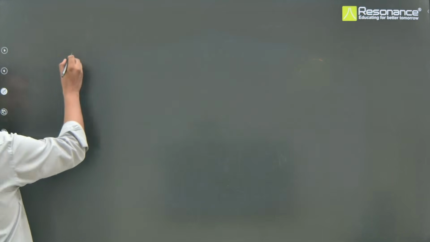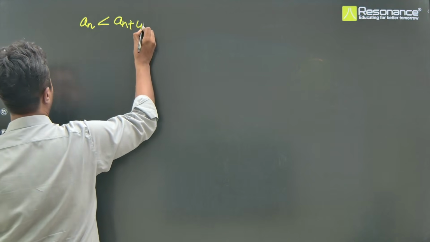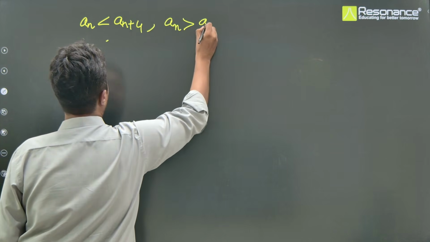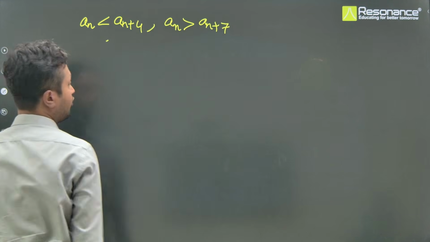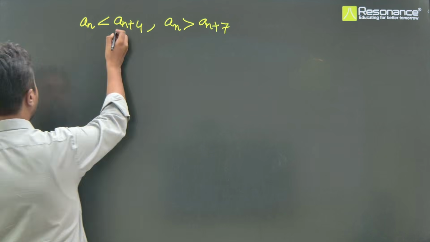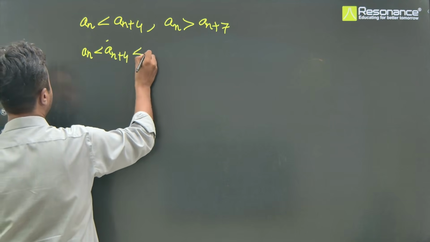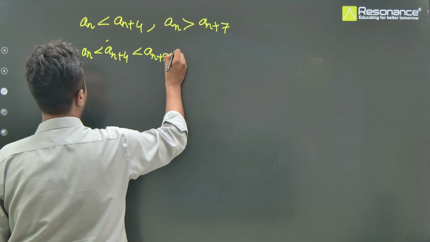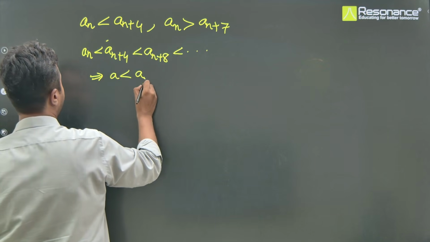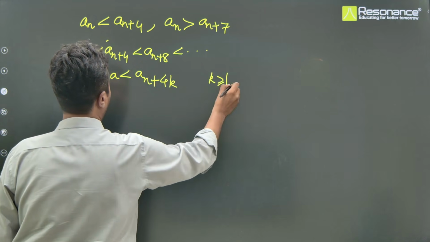Okay, let's see what that tells us. So we first learned that a_n has to be less than a_{n+4}, and also a_n has to be greater than a_{n+7} for every choice of allowed values of n. Now since a_n is less than a_{n+4}, you can chain it up by saying that should be less than a_{n+8}, and so on, meaning a_n has to be less than a_{n+4k} for k greater than or equal to 1.